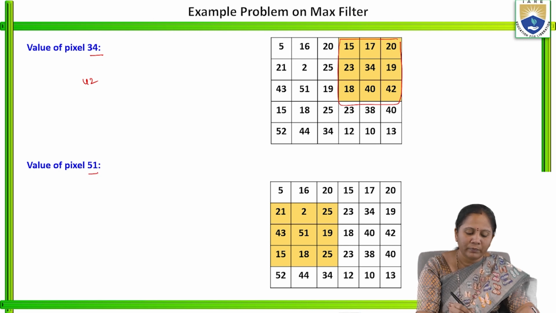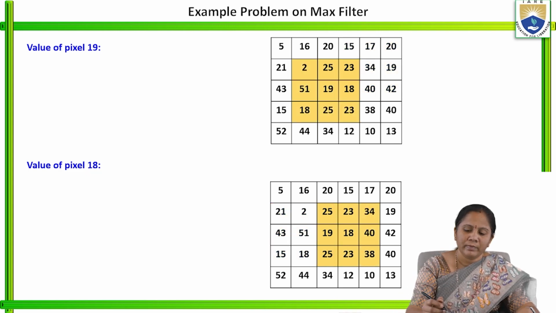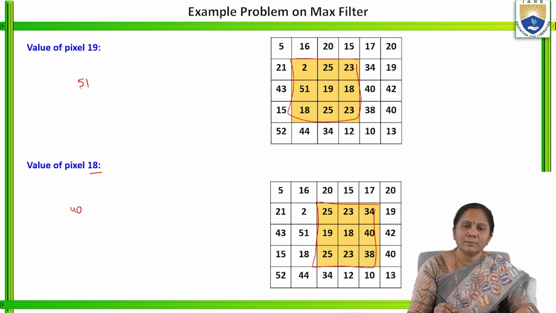Similarly, for 51, considering this mask, 51 will become the maximum pixel value. And considering this neighborhood, for 19, 51 will become the maximum pixel value. Similarly, for 18, considering this neighborhood, 40 is the maximum value.